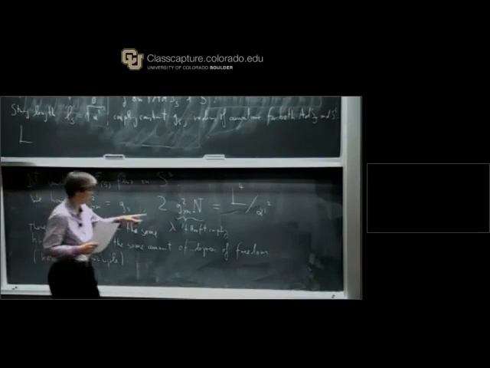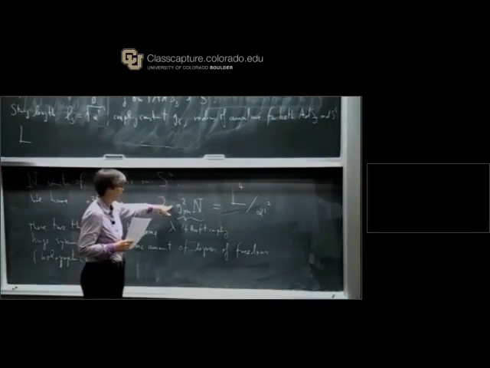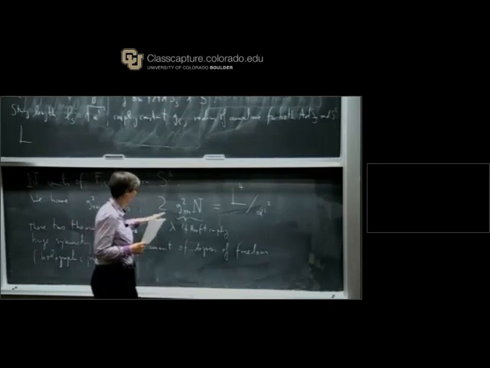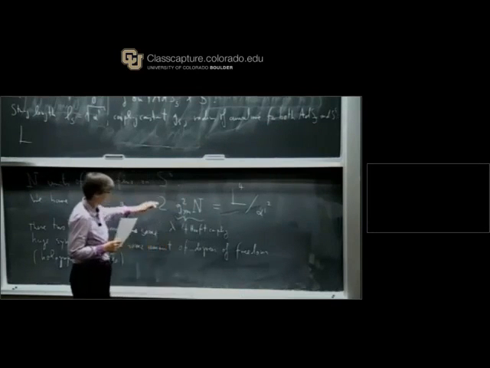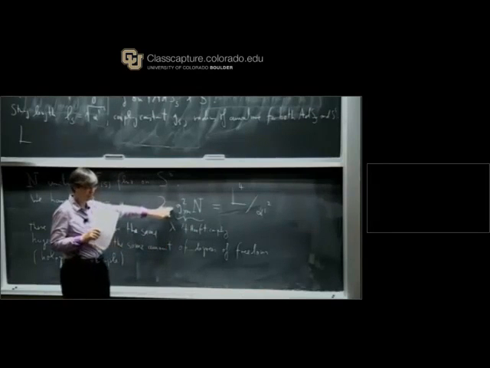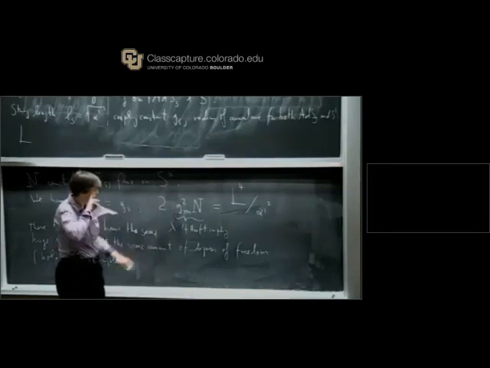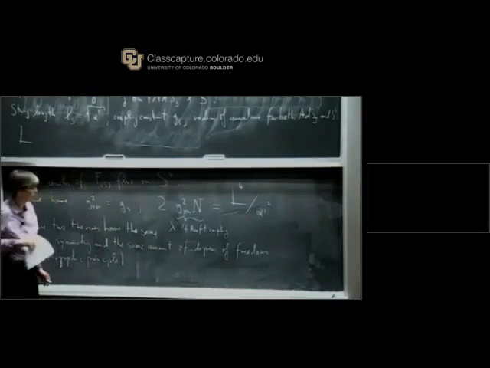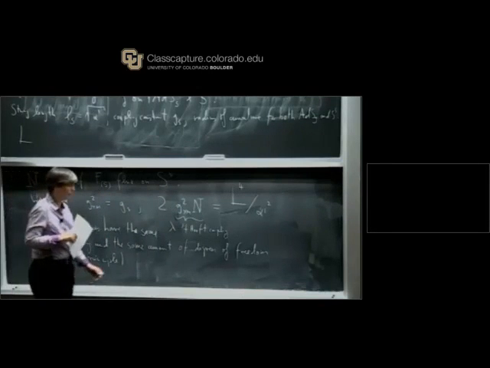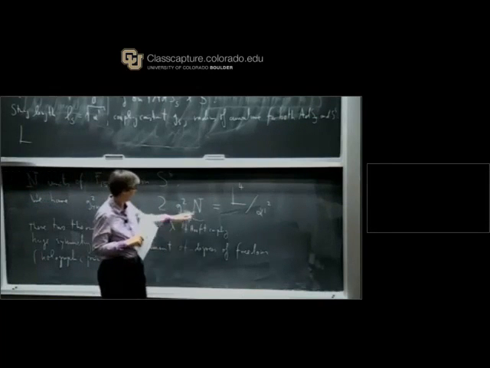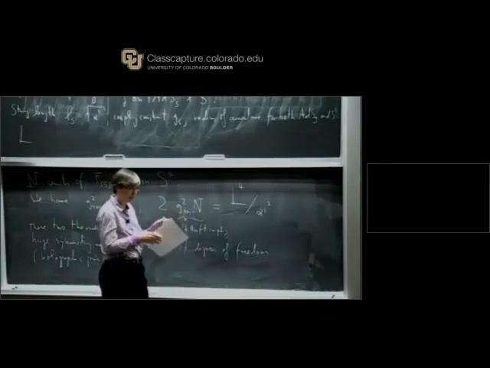Now, your question, which relation were you talking about? This one? For example, the second one. Okay, so tomorrow when I talk about string theory, I'm going to actually show where this relation comes from. This comes from the study of D-branes in string theory. It turns out that this N is also related to the number of D-branes stuck on top of each other.